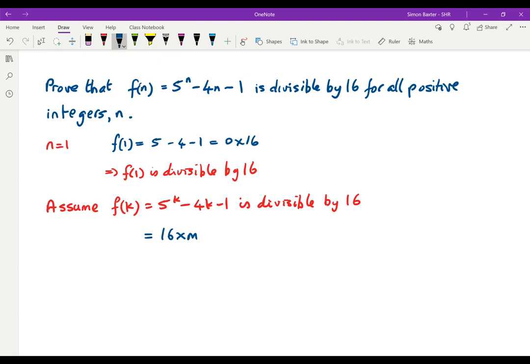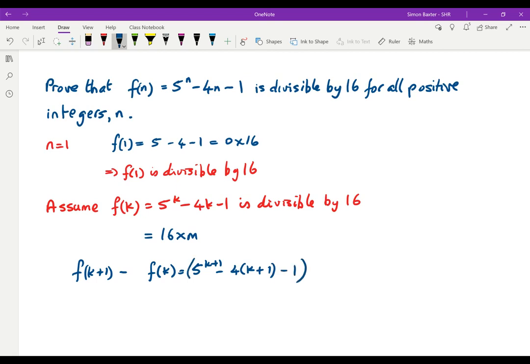Well, the technique that we use for this is to look at fk plus 1 minus, I've left a little gap and I'll fill that one in later. Fk plus 1 would be 5 to the k plus 1 minus 4 times k plus 1, minus 1.